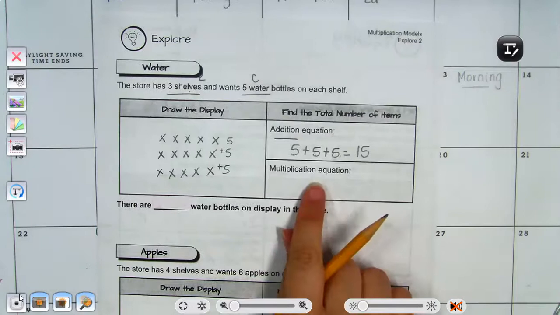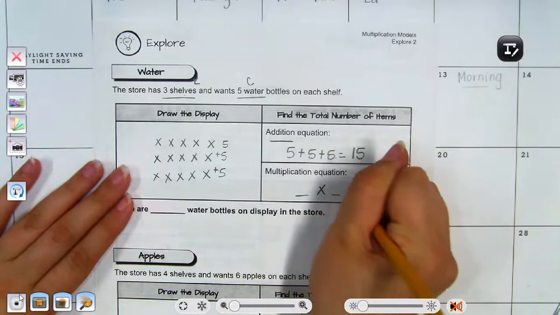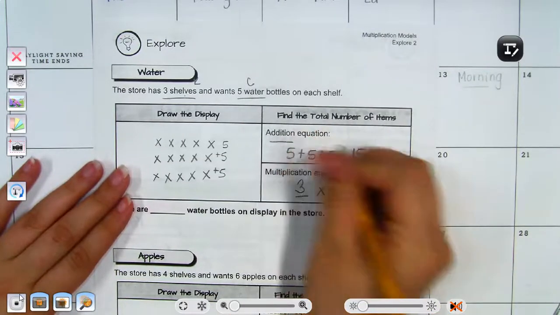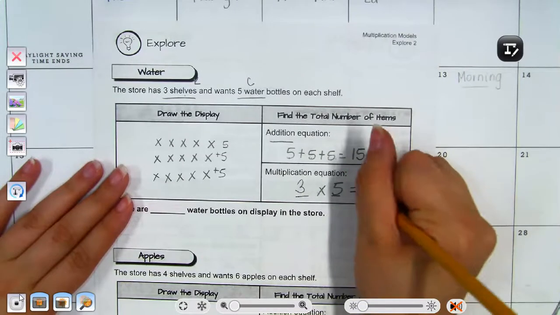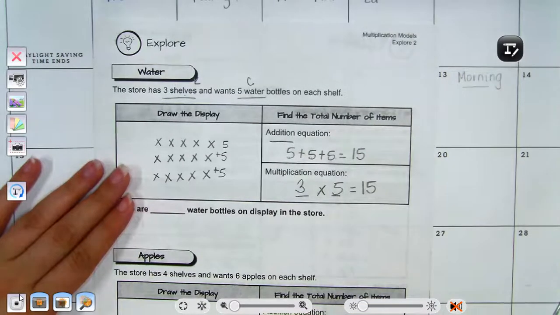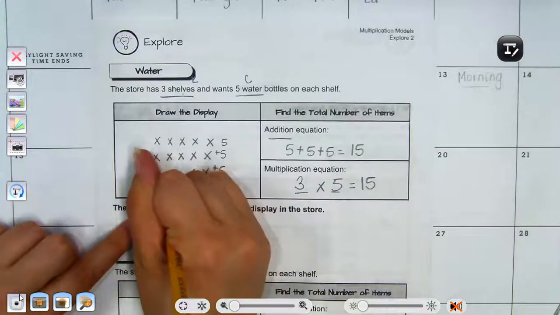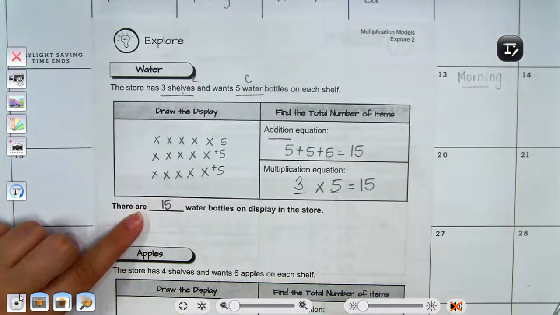And so my multiplication sentence would be, so I start with my rows. I have 3 rows of 5, which is 15. Okay, so there are 15 water bottles on display in the store.